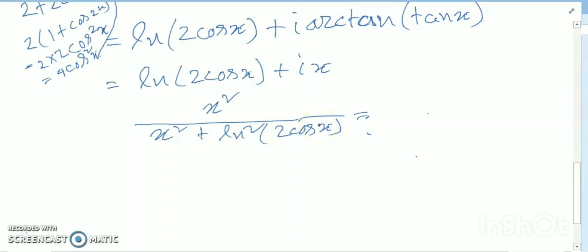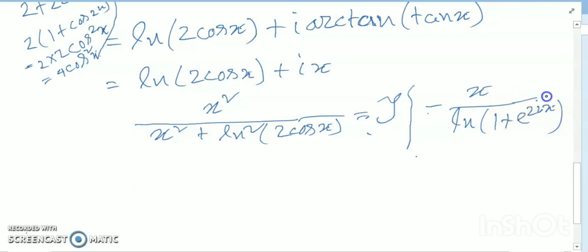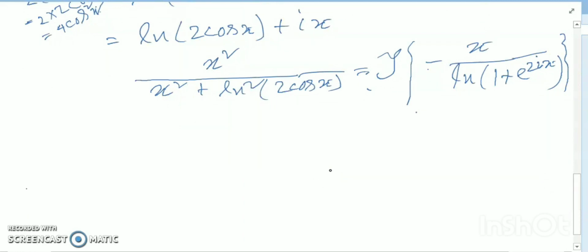So friends, I have written wrong. It is x square divided by x square plus ln square 2 cos x, which can be written as the imaginary part of minus x divided by ln into 1 plus e to the power ix.